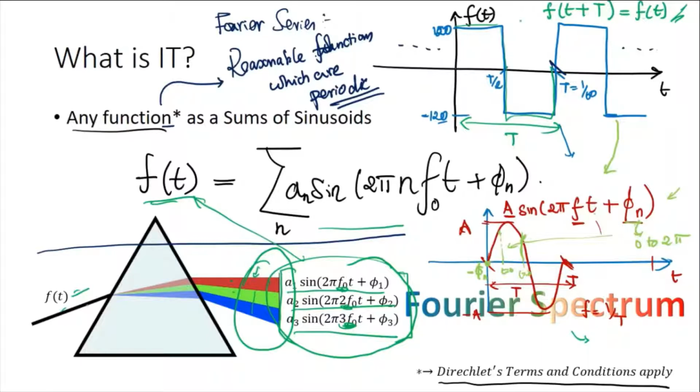He said pointy functions like this, which are kind of discontinuous at a point. So at t by 2, if you approach this function from the left, you're going to get the value of 120, and if you approach it from the right, you get the value of minus 120. So this is a discontinuity at the point t by 2.